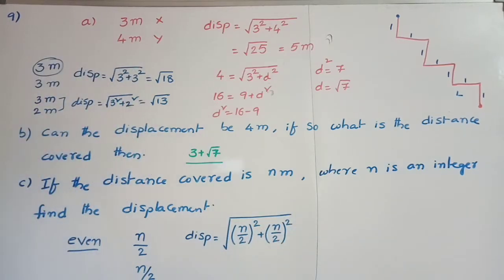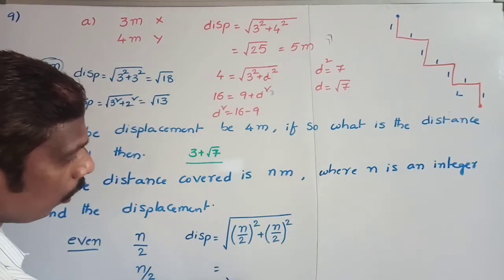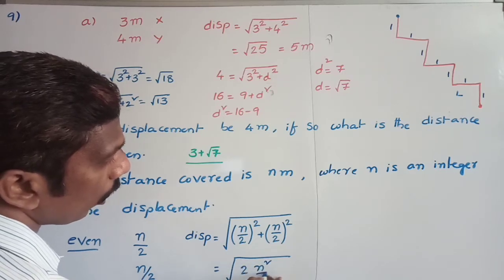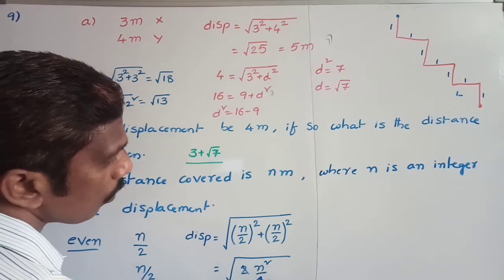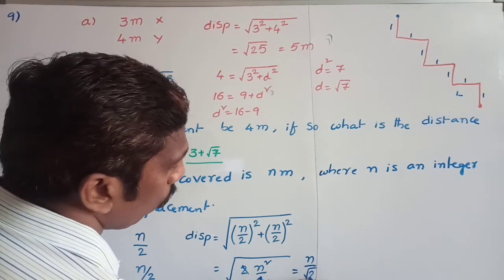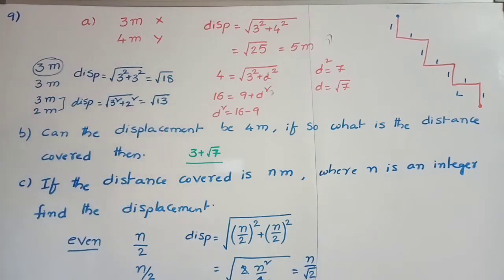So that is equal to root 2 into n square by 4, which is equal to n by root 2. So that is the displacement, n by root 2.